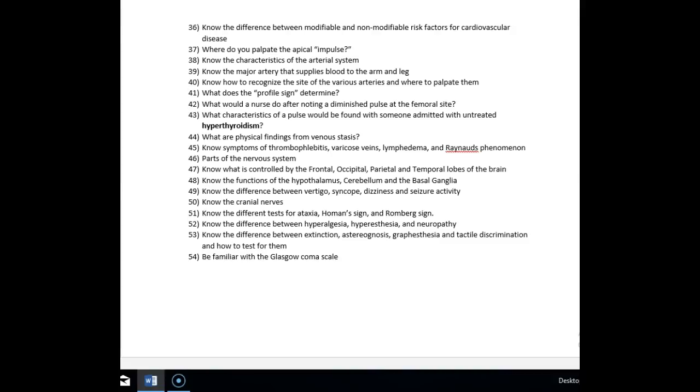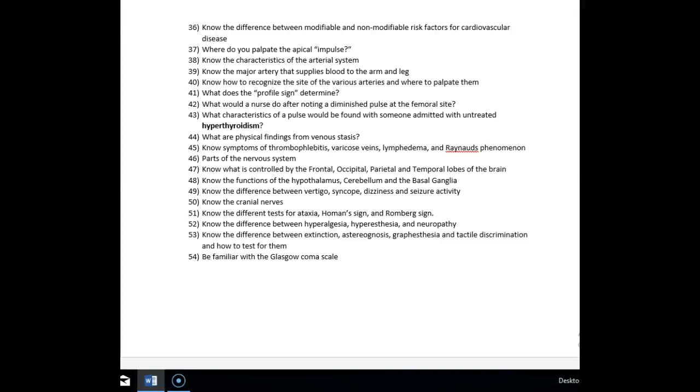What would the nurse do if the pulse is very diminished? Basically, you would first want to listen with your stethoscope to see if you hear any type of bruit.